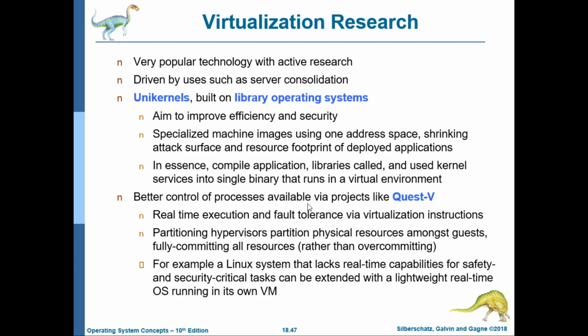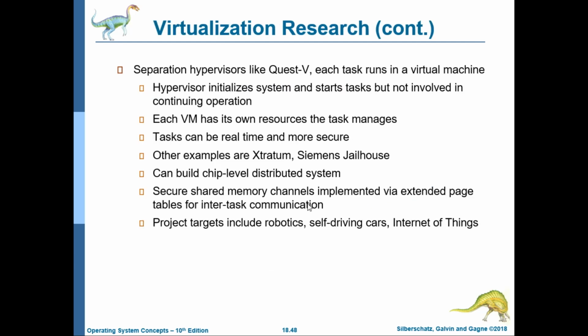Better control of processes is available via projects like Quest V, an example of a partitioning hypervisor. For real-time execution and fault tolerance via virtualization instructions, partitioning hypervisors partition physical resources among guests, fully committing all resources rather than overcommitting. For example, a Linux system that lacks real-time capabilities for safety and security critical tasks can be extended with a lightweight real-time OS running in its own VM.